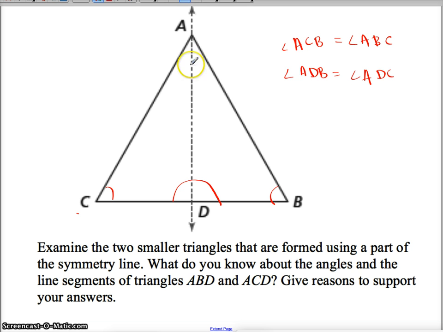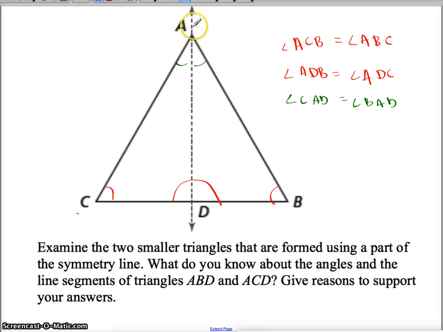I can say that these two are the same. Okay, this one might be a little bit trickier to name. Angle CAD is equal to angle BAD. CAD and BAD are the same.